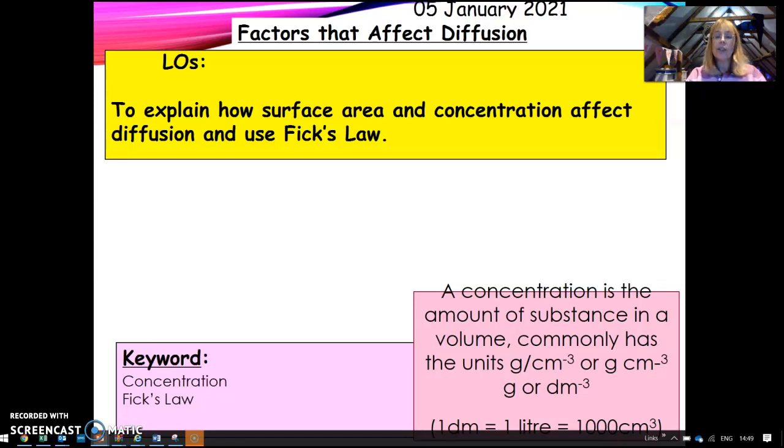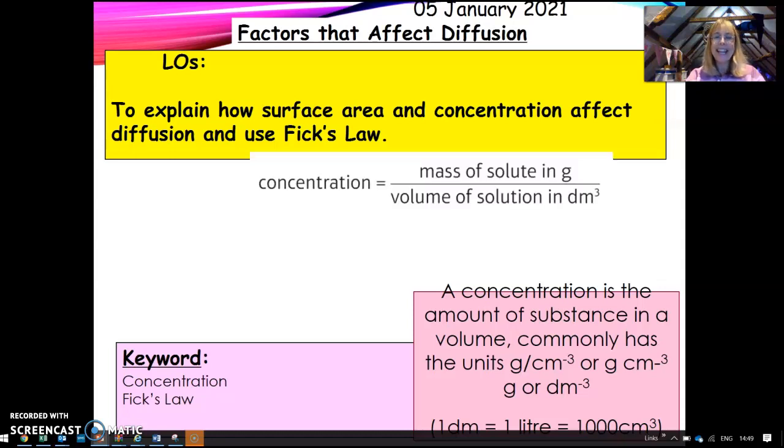The other really important thing to remember is centimeter cubed is the same as milliliter, decimeter cubed is the same as liter. Okay, now from chemistry, you know that the concentration is the mass of a solute divided by the volume of the solution. The mass of the salt in a certain volume of water.